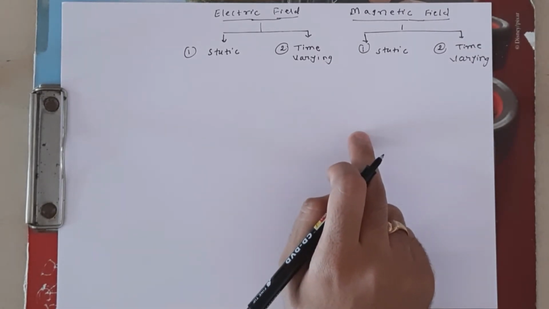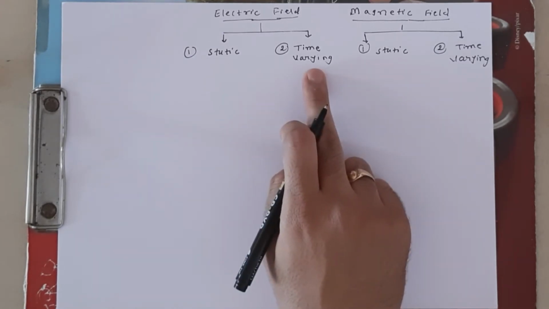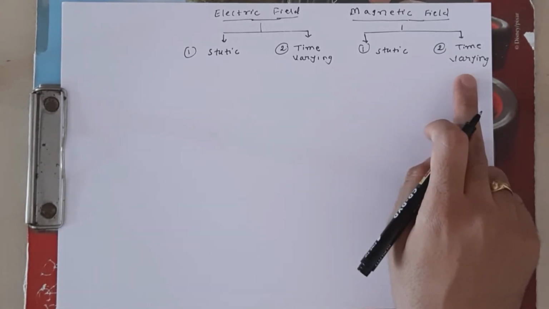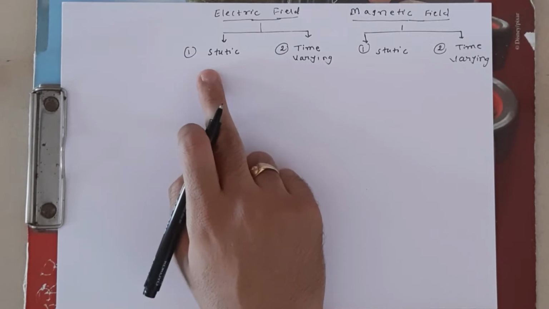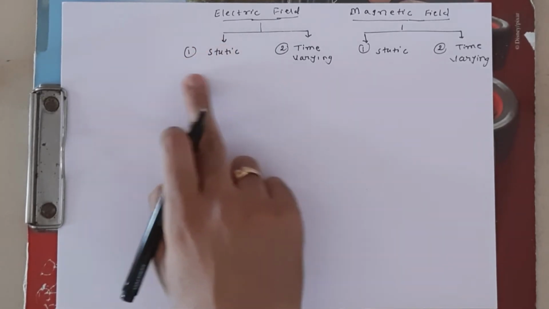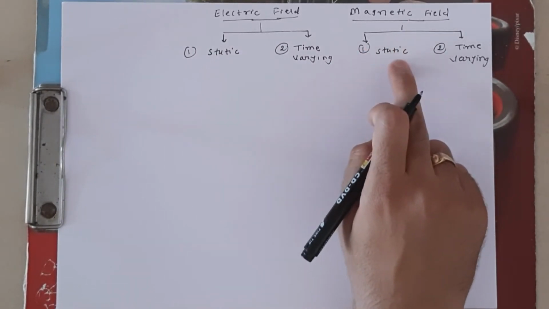There are various sources available for static and time varying electric field as well as static and time varying magnetic field. Which one is the source of static electric field? Charge, a fixed charge, is a source of static electric field. Which one is the source of static magnetic field?